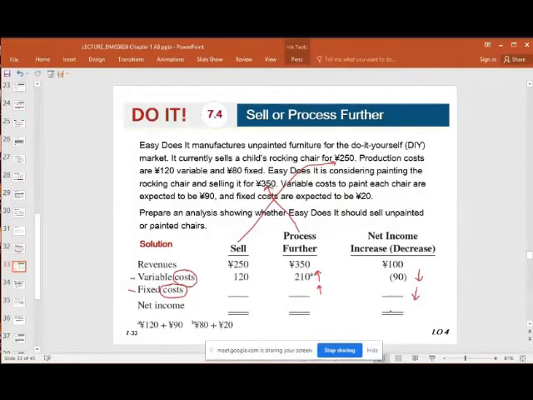Net income. What do you get? Do you get positive or negative, and what's the figure? Negative, correct, negative 10. So decision is to sell or process further.